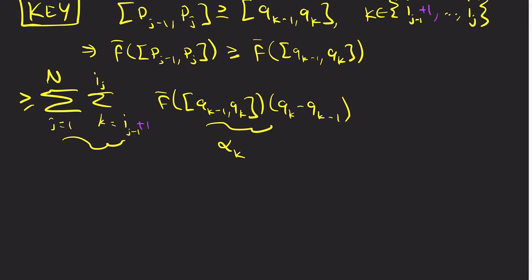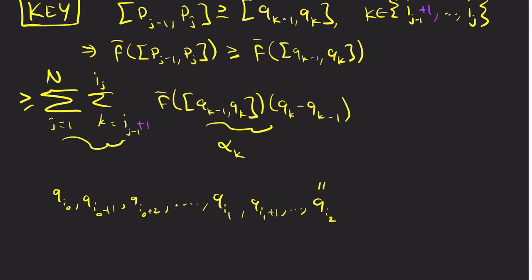And this is the right term for a Riemann sum, or, well, for a Darboux sum. What we're doing is we're indexing over q sub i_0, q sub i_0 plus 1, q sub i_0 plus 2, and so on, to q sub i_1, to q sub i_1 plus 1, to q sub i_2.